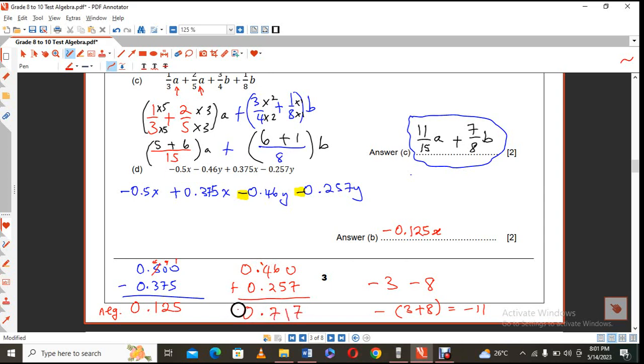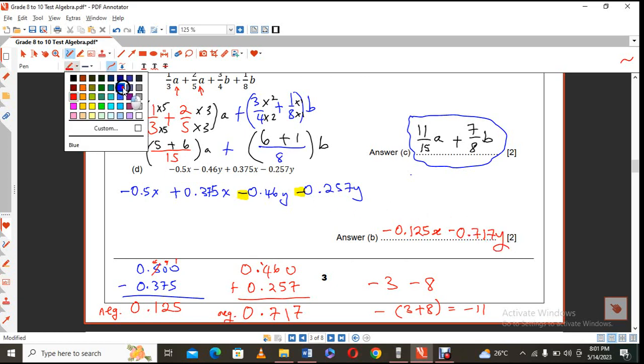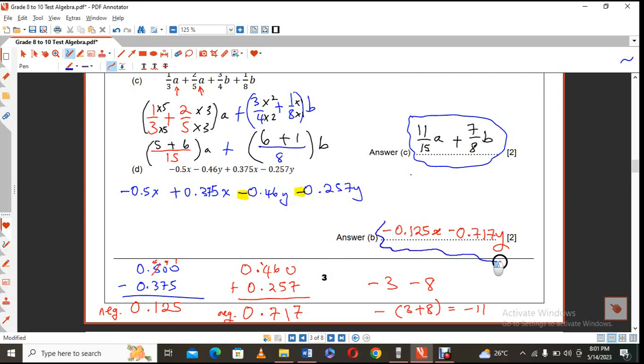But remember what I said, you have got two negatives, so this answer should also be negative. So I've got minus 0.717y. Do not forget to put your value of y there. Okay, so in a nutshell, this question D here and question C are very similar. It's just that at question C, you are dealing with vulgar fractions, numerator, denominator, and here you are dealing obviously with decimal fractions.